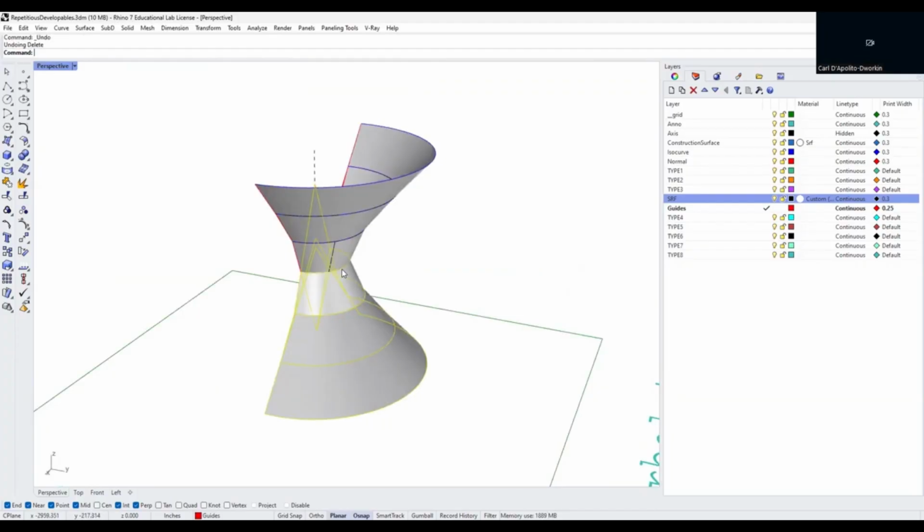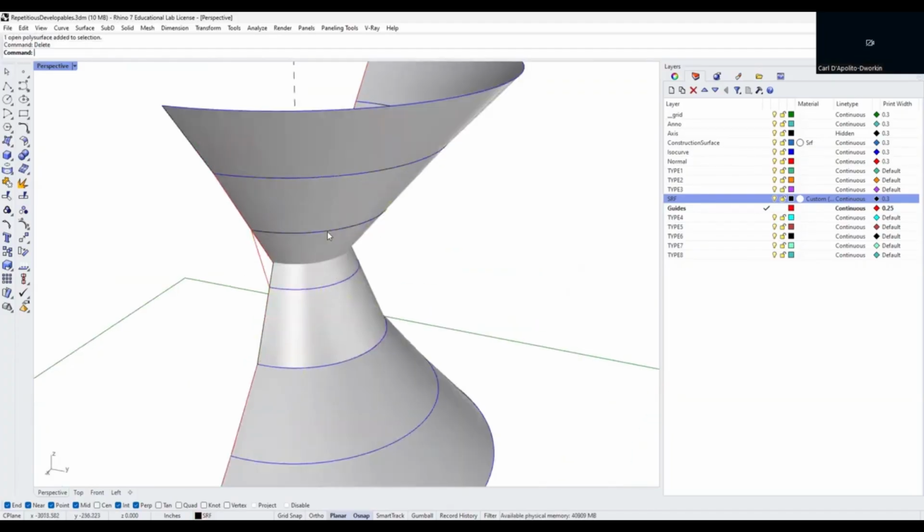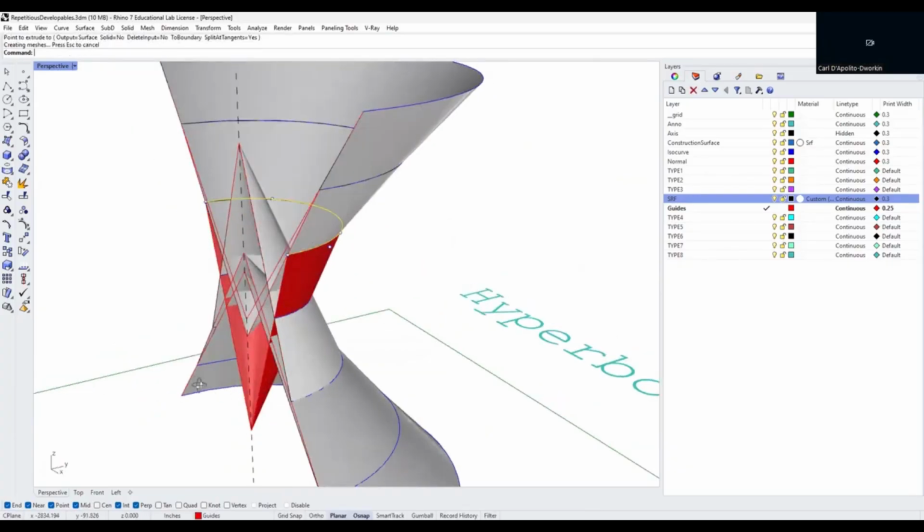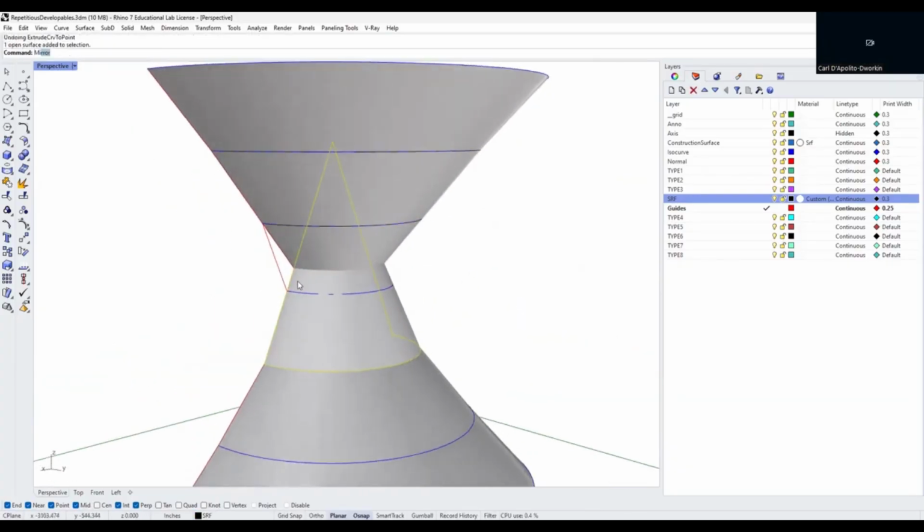Okay. Gonna mirror it because that one's coming out here. Okay.